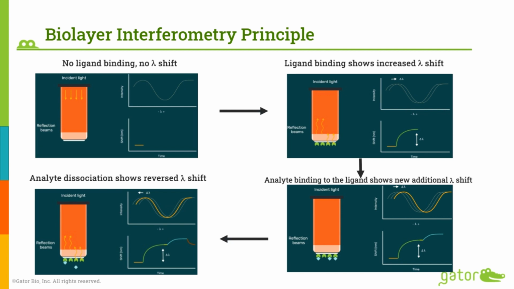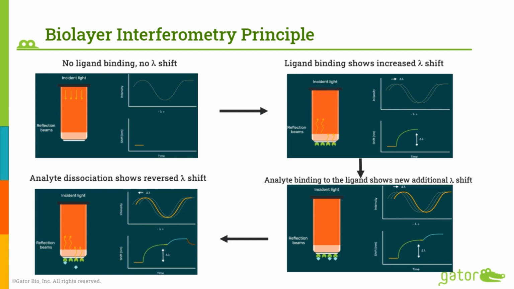We have spectrometers inside the machine, and the light is reflected back from the sensor surface. The difference in the pattern that emerges between this incident light and the reflected light is what we see. And if there is any shift in this pattern, the software plots it against time. So that's why we are doing label-free real-time binding.